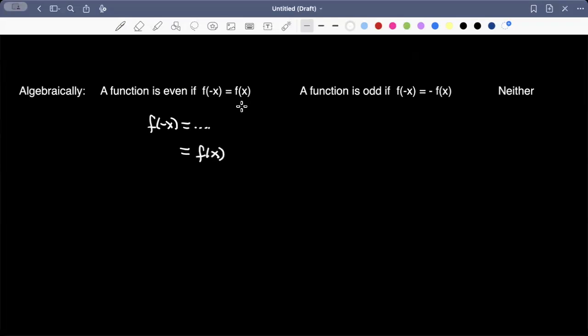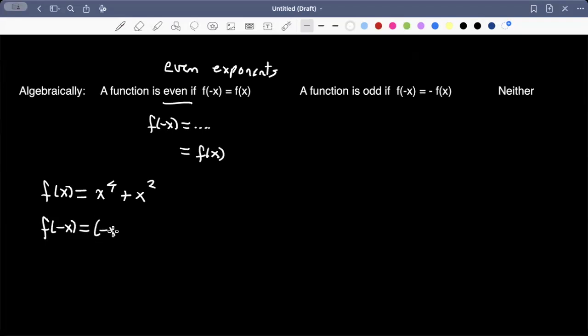Now, this name even, you can imagine there has to be some logic behind it. It's even because most of the time we see even exponents on the variable. Here's an example of an even function. X to the 4 plus x squared. I'm going to replace each x with negative x, and I'm going to simplify it.